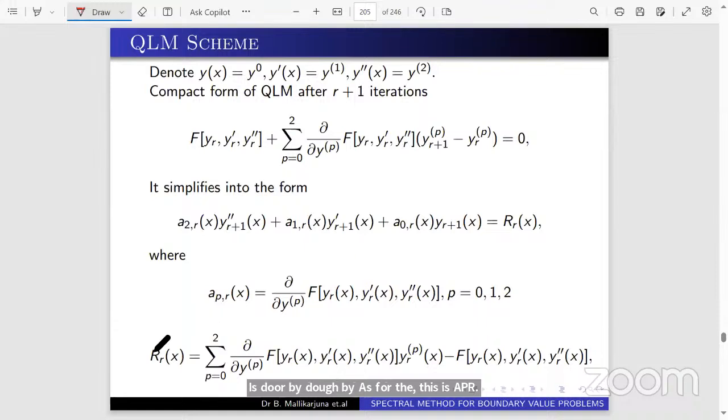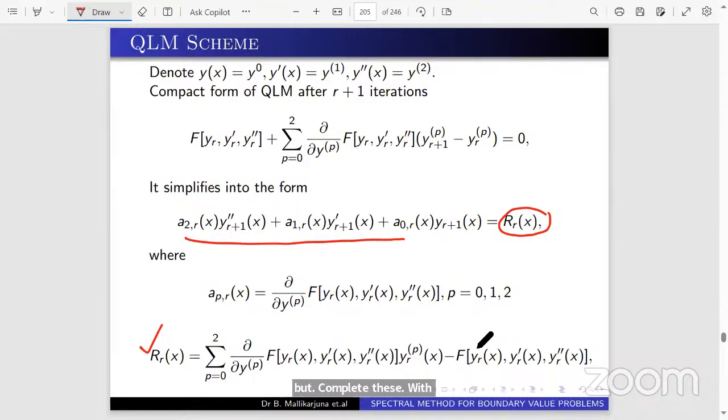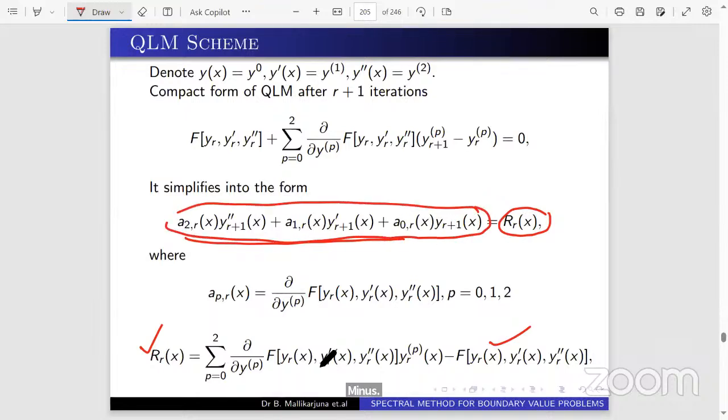Now, according to this, finally this r of x is nothing but the complete expression with respect to the r minus this function. Complete this expression at the rth level minus the given equation.